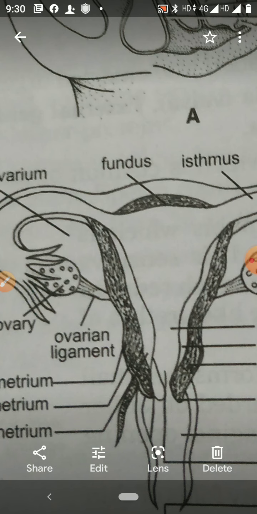The stroma is divided into peripheral cortex and inner part, the medulla. The stroma contains the developing follicles with eggs in various stages of development. The mature follicles are called Graafian follicles.